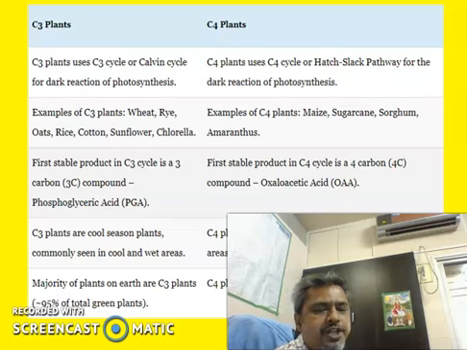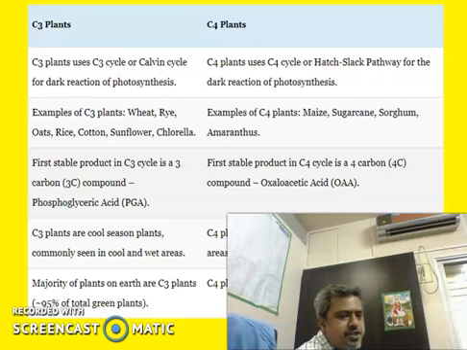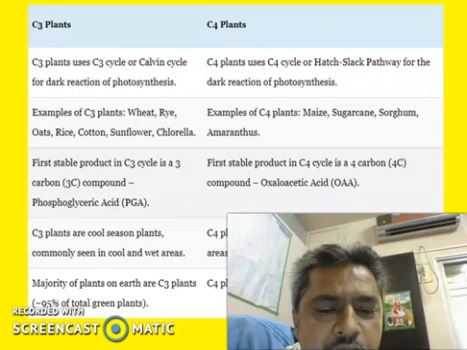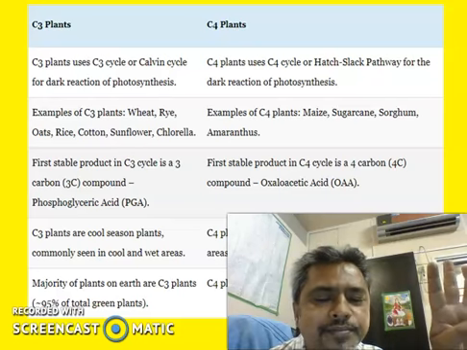The first stable product in the C3 cycle is phosphoglyceric acid, and the first stable product in the C4 cycle is oxaloacetic acid, that is 4 carbon.